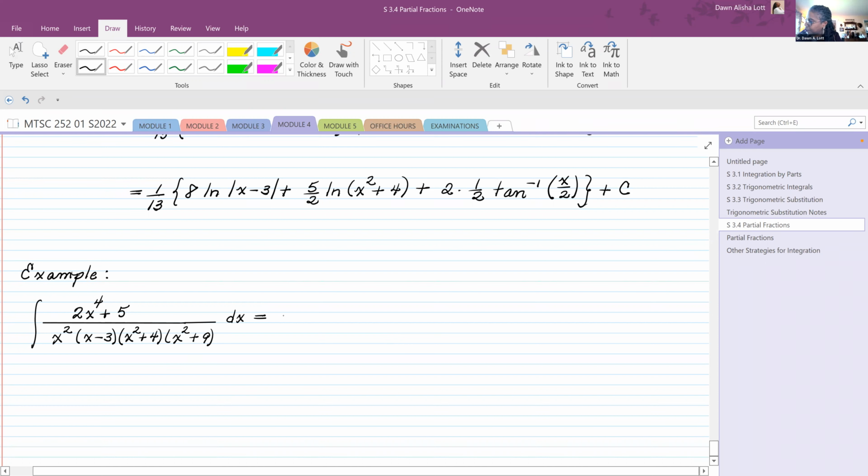It will be a over x. Okay, you got to have a over x first. Okay, and then b over x squared. There you go. Okay, keep going. Plus c over x minus 3. Okay. And then dx plus e over x squared plus 4.